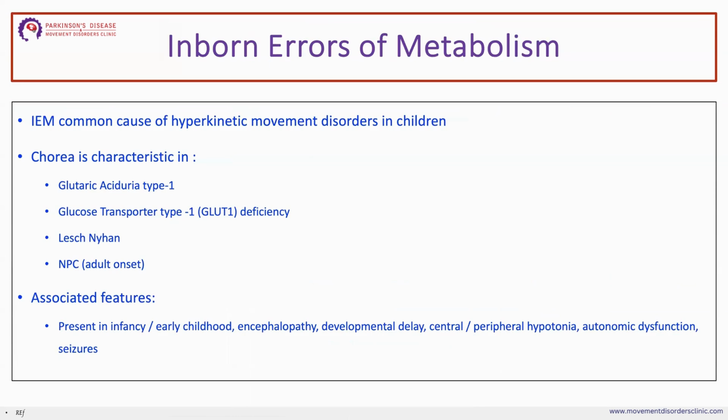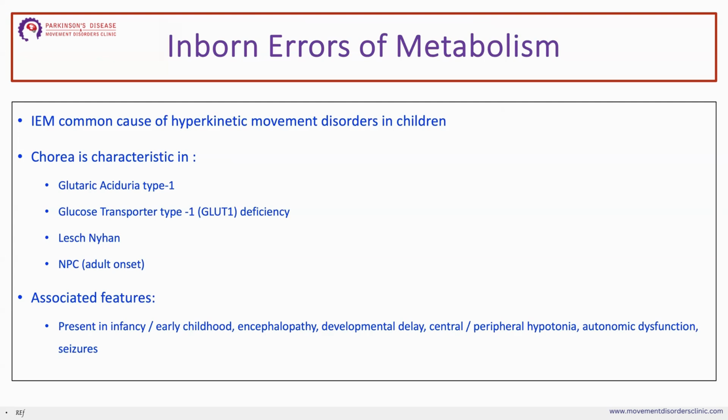Now, coming to inborn errors of metabolism. We finished autosomal dominant choreas, autosomal recessive choreas, and X-linked choreas, and now we are coming to inborn errors of metabolism. Inborn errors of metabolism are a common cause of hyperkinetic movement disorders, especially in children. Chorea is characteristic in glutaric aciduria type 1, glucose transporter type 1 deficiency, that is GLUT1 deficiency, Lesch-Nyhan disorder, or Niemann-Pick type C, which is adult onset.